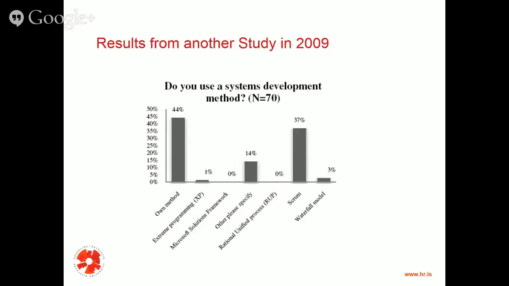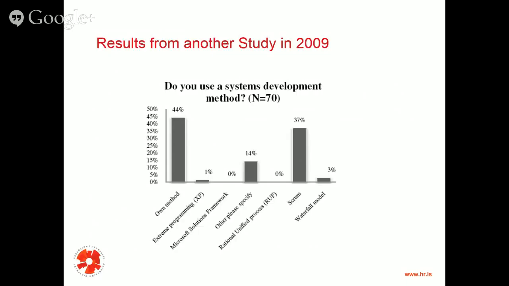So they were not using any processes defined by the literature, like waterfall. 3% were using waterfall, 1% using extreme programming, which is also an agile process.